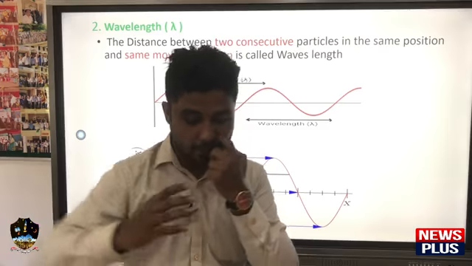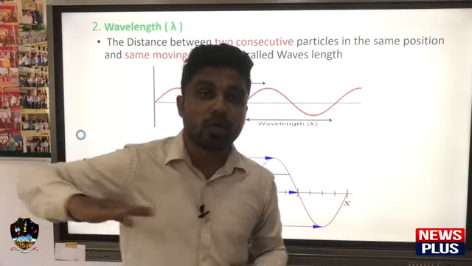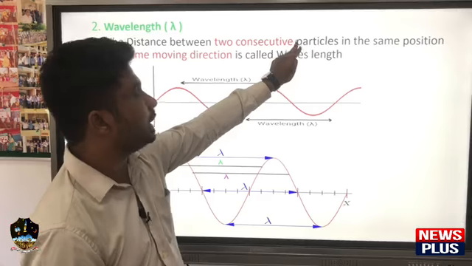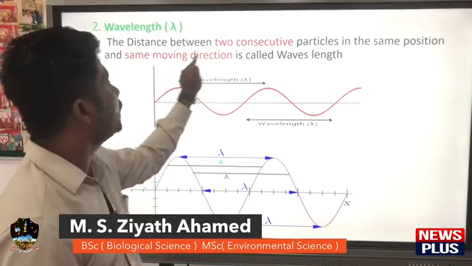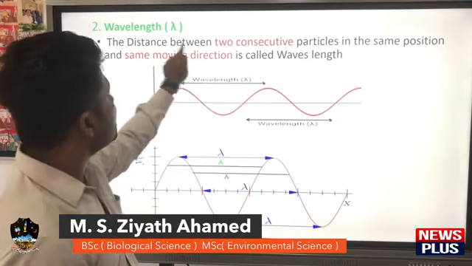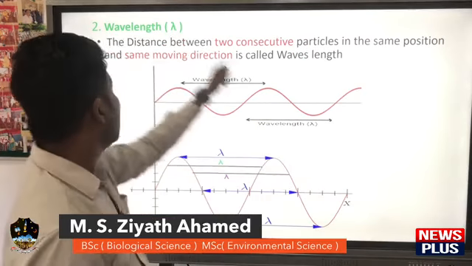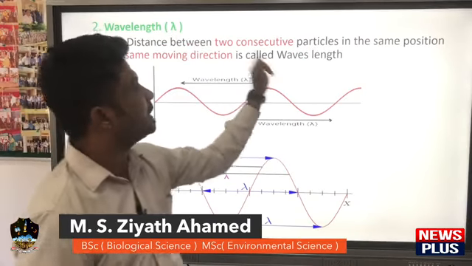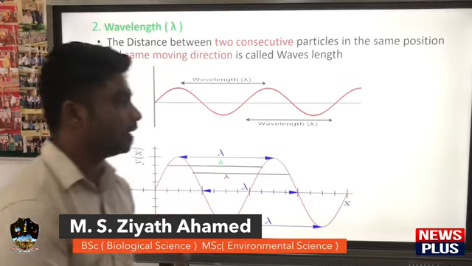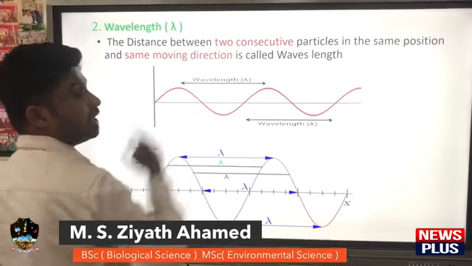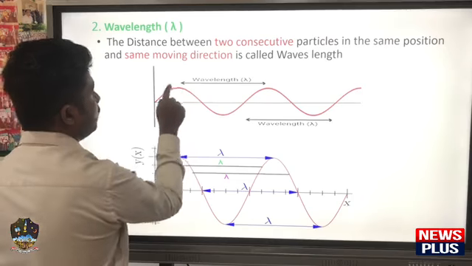The wave should move in the same direction. So two consecutive points in the same moving direction, and the distance between two consecutive particles in the same position and same moving direction is called what? Wavelength.